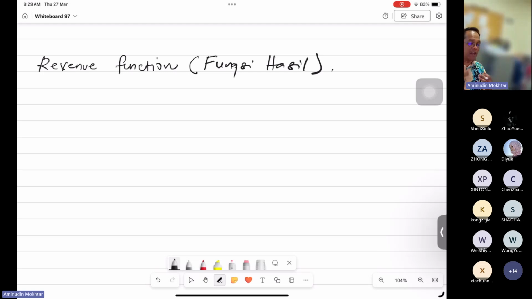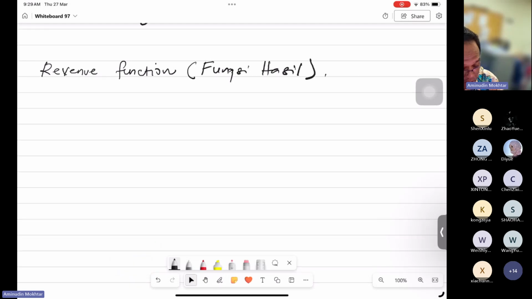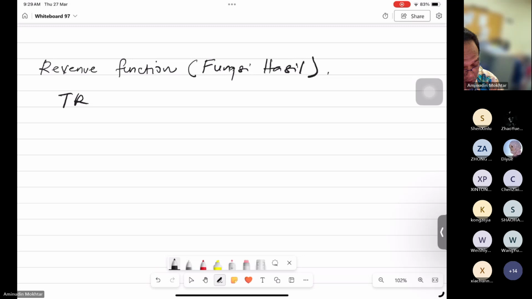Now, in economics, since I am an economics lecturer, the revenue function concept can be represented by TR equal to P times Q. P is price.